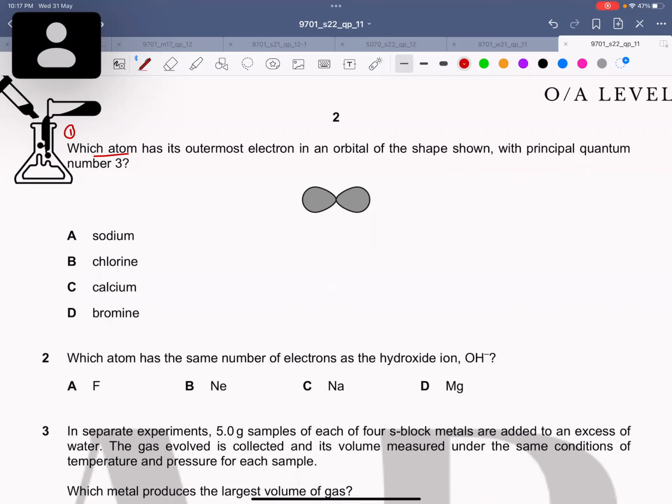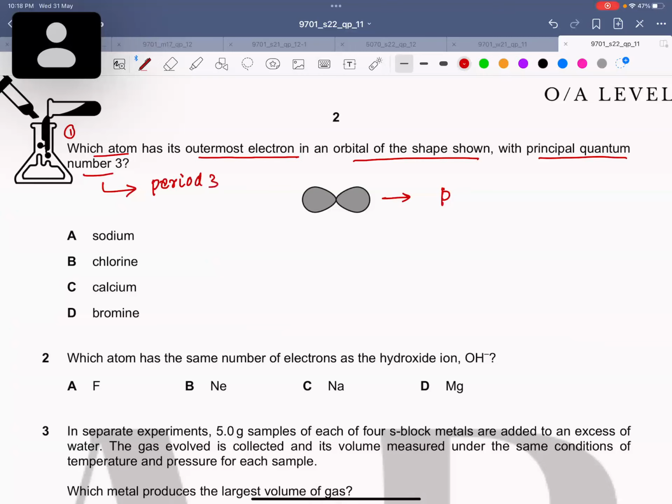Quantum principle quantum number 3. So if we look at over here, the subshell, the atom is from period 3.